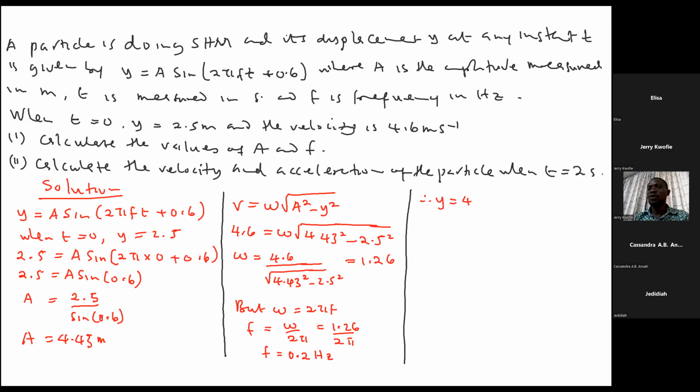So it is going to be 4.43 sine 2 pi, the f is 0.2, so let me write 0.2 t plus 0.6. In fact, we can further write this as 4.43 sine 0.4 pi t plus 0.6.